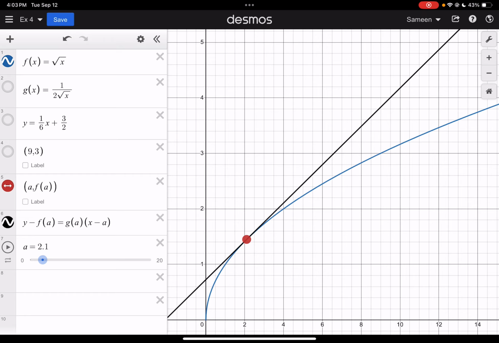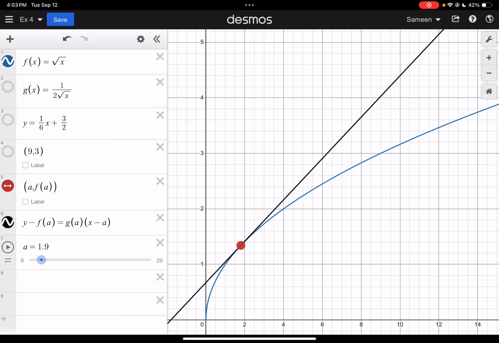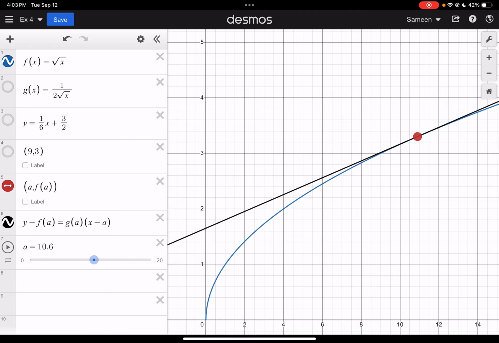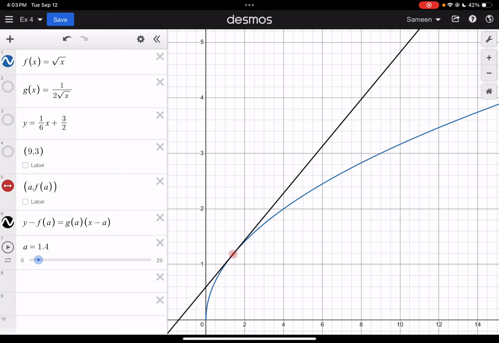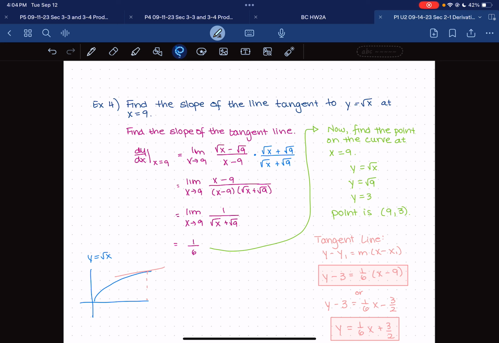Right now, the slope of the black line, that's the derivative when x is about 2. Now the slope of the black line is the derivative when x is about 6. Now the slope is the derivative when x is about 10. So the value of the derivative will change as the slope changes. And that's why we have an x in our answer. So hopefully that makes sense.